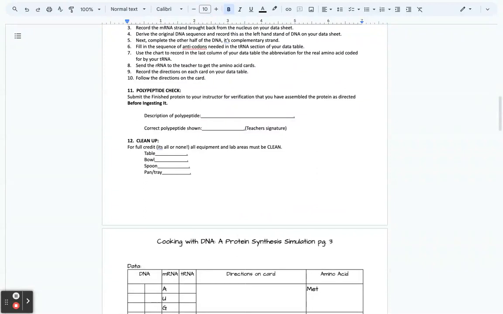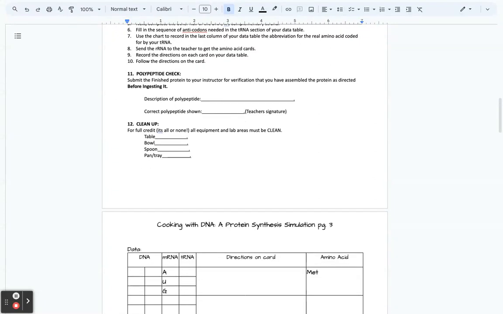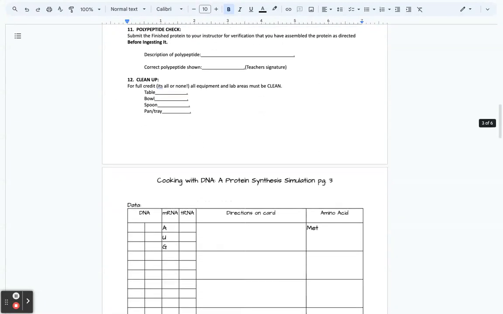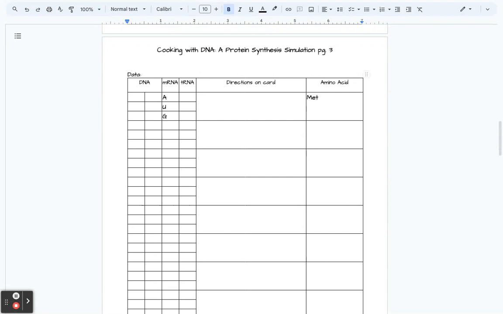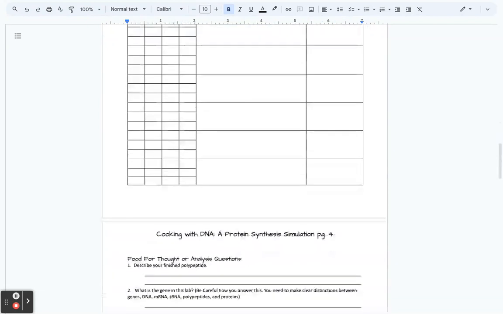The only place here would be where I did not sign, and so for cleanup, don't worry about that. And the polypeptide check, I went ahead and checked each of those for you guys. We got it figured out as a group. But all of this needs to be filled out correctly.